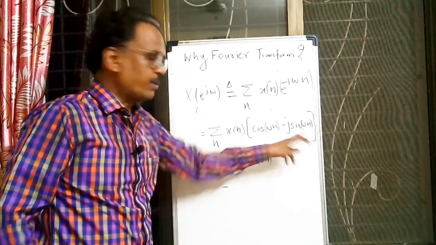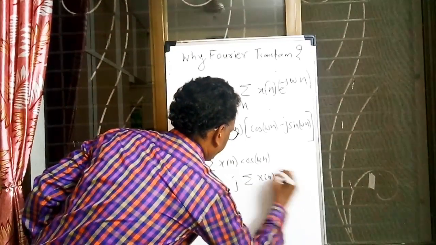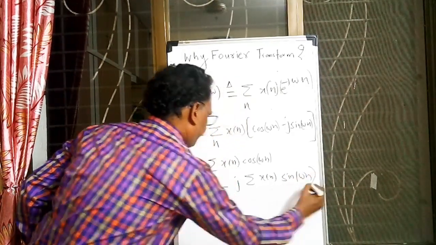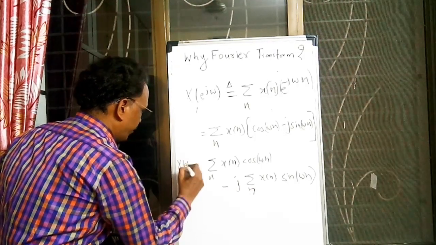When we write this in terms of two summations, it will be like this: the summation over n of x[n] cos ωn, and the summation of x[n] sin ωn. This is your X(e^{jω}).